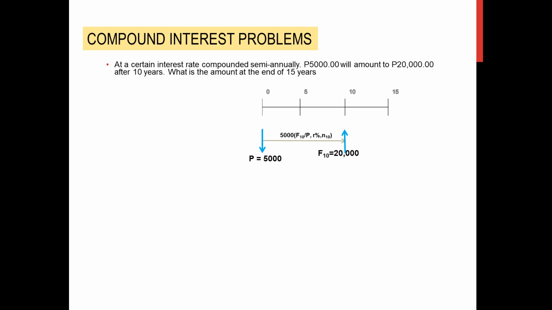We'll just say that 5,000 multiplied by finding F10 given P at R% at N of the 10th year. So of course this will be applied on that.